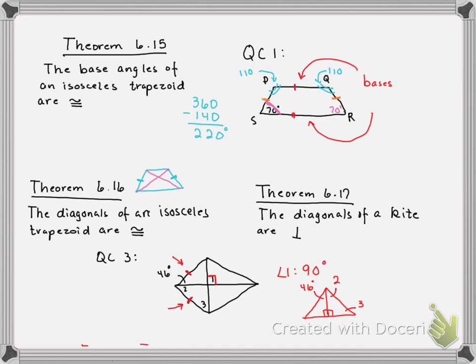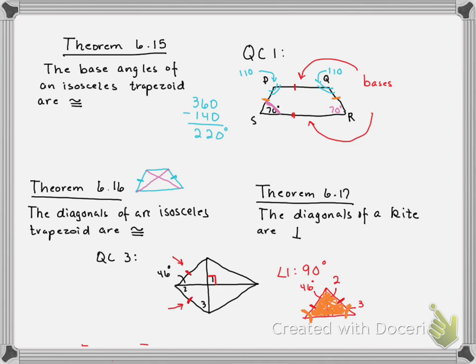Now, if both sides here are congruent to each other, that means, let me change colors, that means that this angle right here is exactly the same as that angle right there. Because when we look at this as being a whole triangle, just like that, okay, I'm going to color that in just for now, this whole triangle right here, that's an isosceles triangle because two sides are congruent.